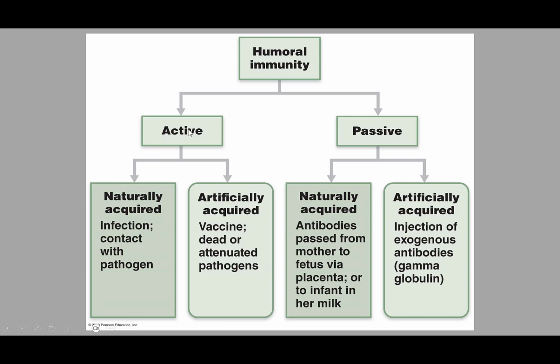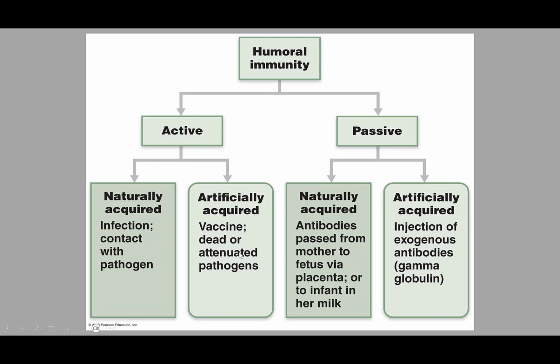Another type of active immunity is artificially acquired active immunity. In artificially acquired, here you got a vaccine. When you get a vaccine, you are being injected with either small pieces of a pathogen that cannot harm you, or attenuated, which basically means it's made so that it cannot infect you and cause an issue.